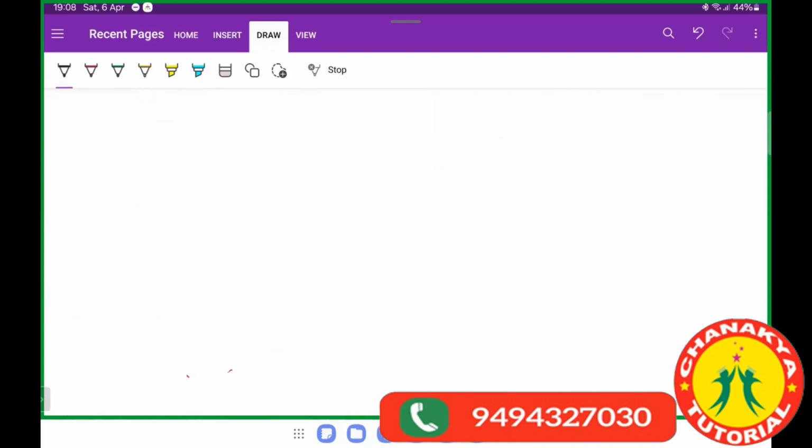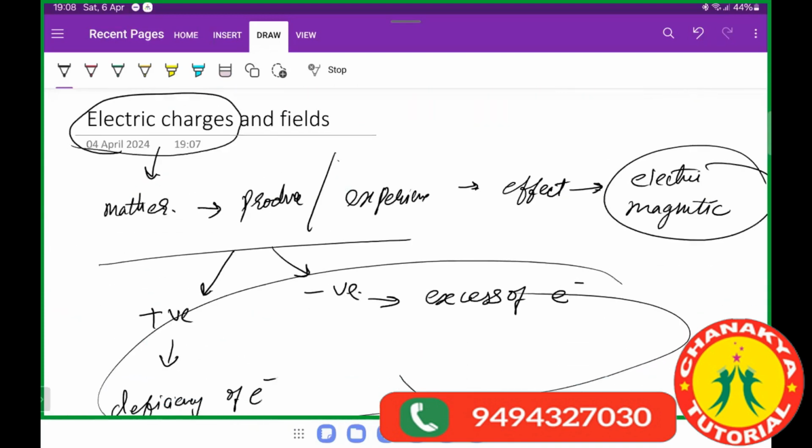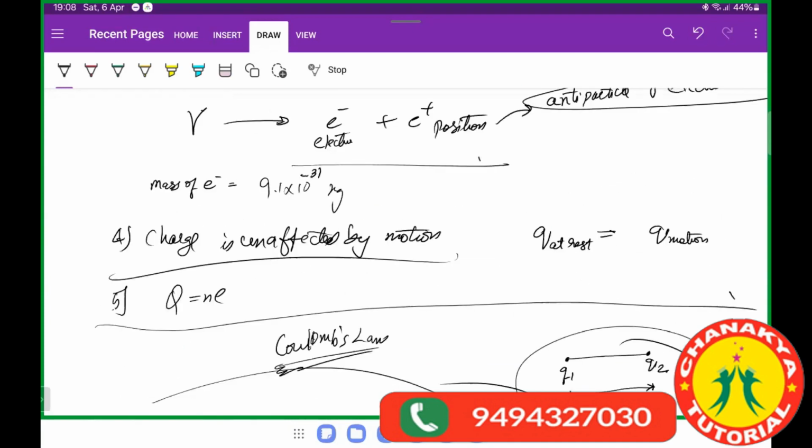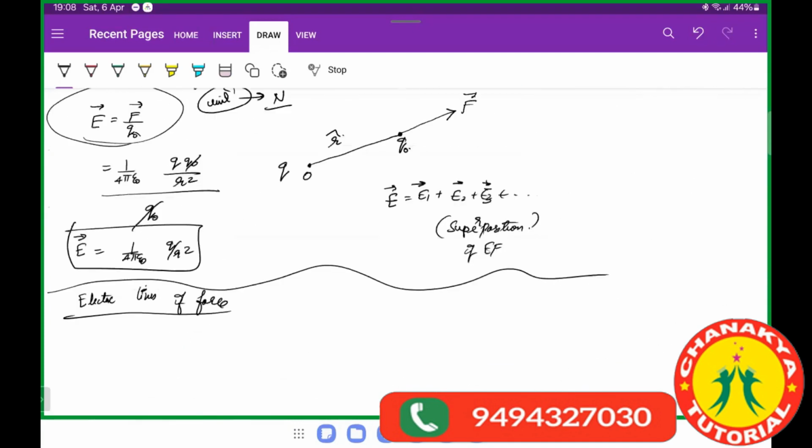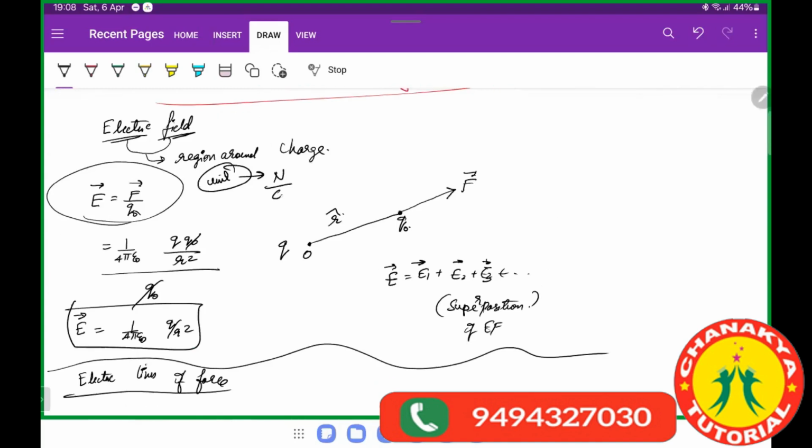Coulomb. Very good. So combining the units, Newton per Coulomb. Now, as force is a vector quantity and charge is a scalar quantity, the division will give you a vector quantity. So the electric field is a vector.